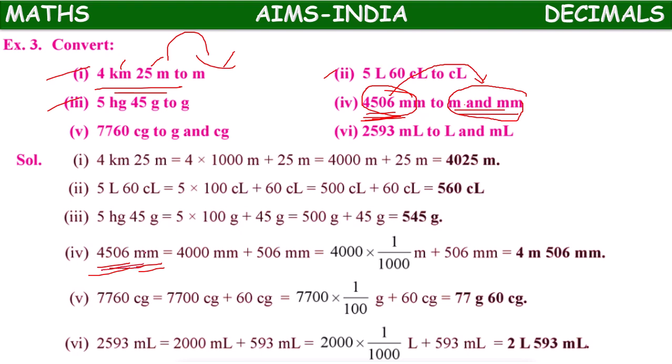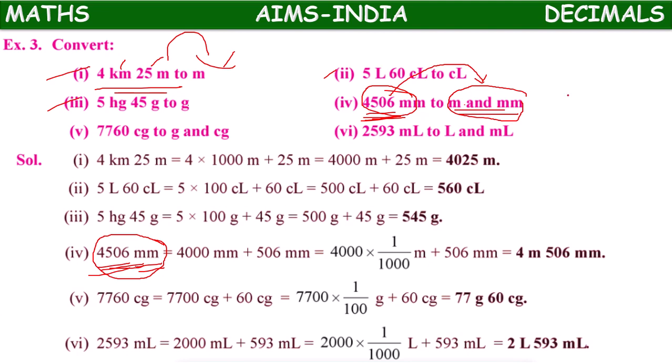So this 4,506 is there, no? From that, we have to separate one round figure, because it is millimeter and meter.